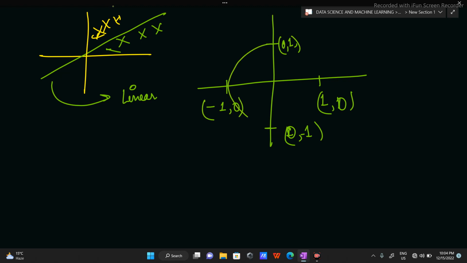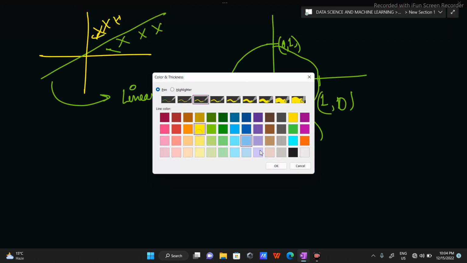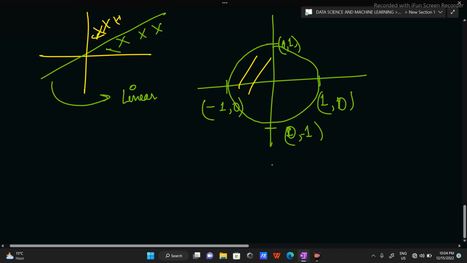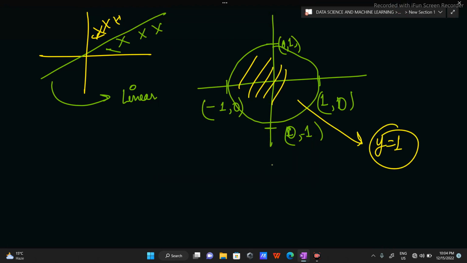So we have a unit circle like this, and we have to predict something like inside this region, we have y equal to 1. Okay, prediction is 1, and for here we have y equal to 0. Okay, let's say this is x-axis, this is z-axis. Okay, just for our simplicity.